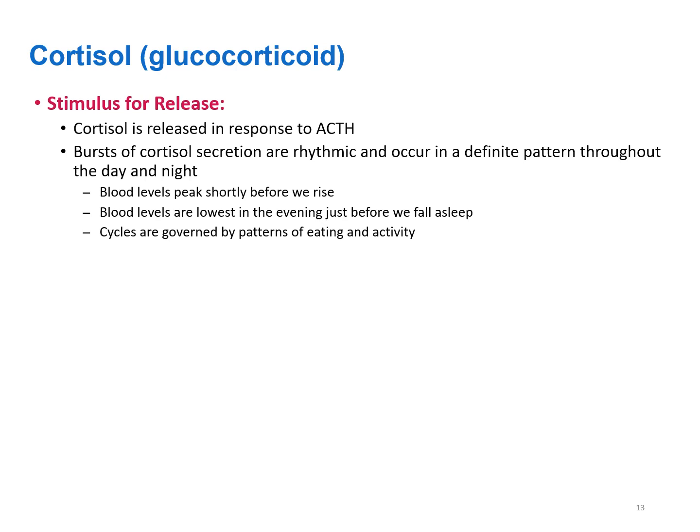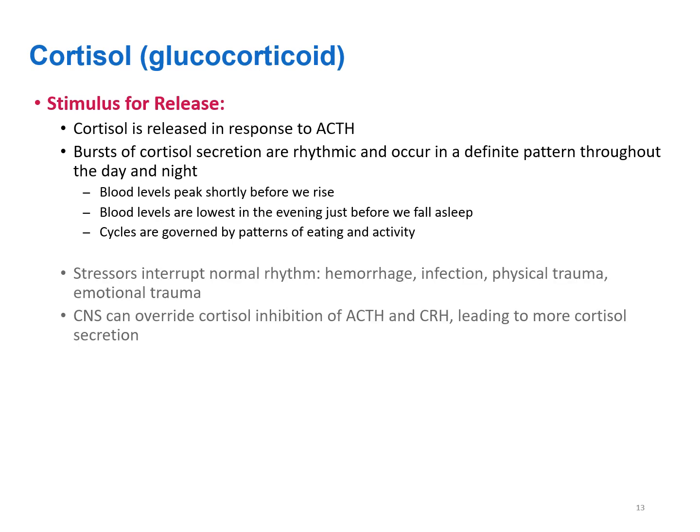Now, normally there are bursts of cortisol secretion that occur in a regular pattern throughout the day and night. The blood levels typically peak after we rise, and they're lowest in the evenings just before we fall asleep. And these cycles appear to be determined by our normal patterns of eating and activity.